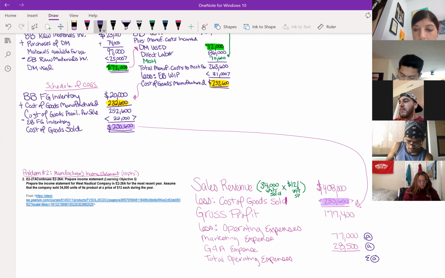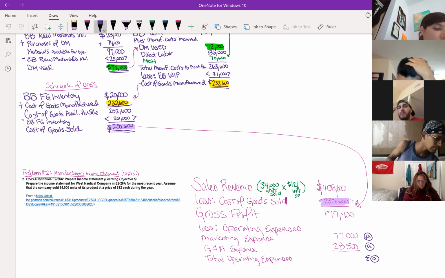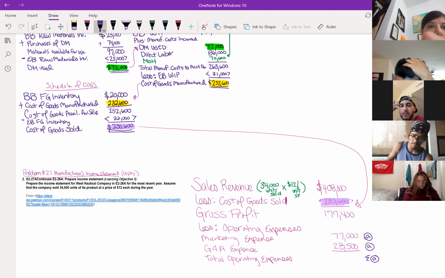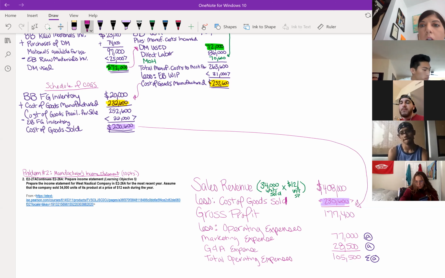So 77 plus the 28,500 gives you 105,500 in total operating expenses.